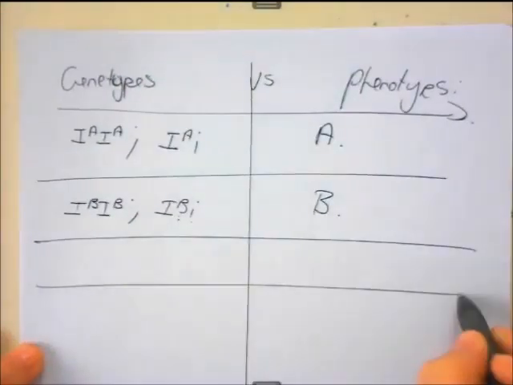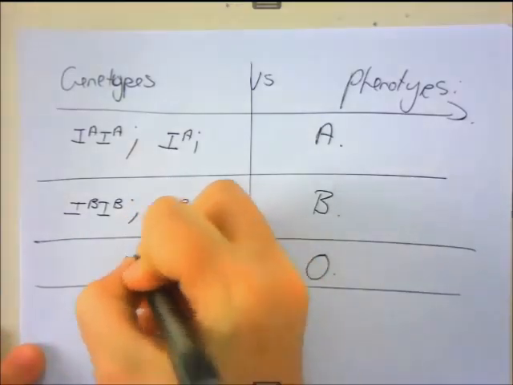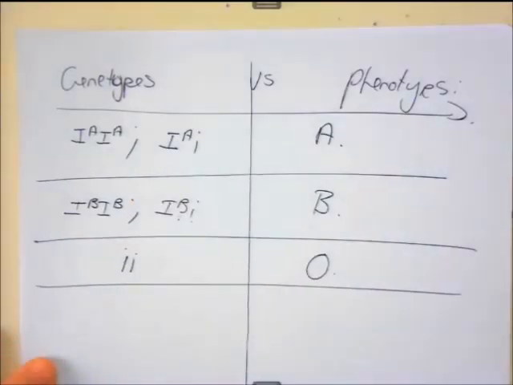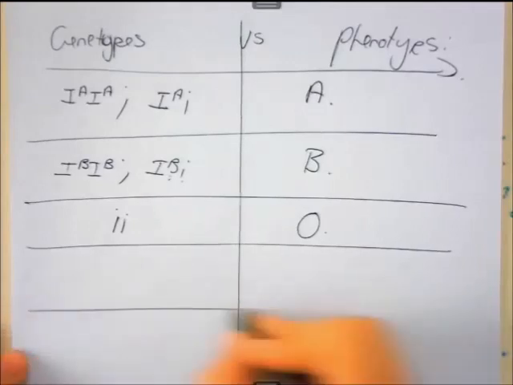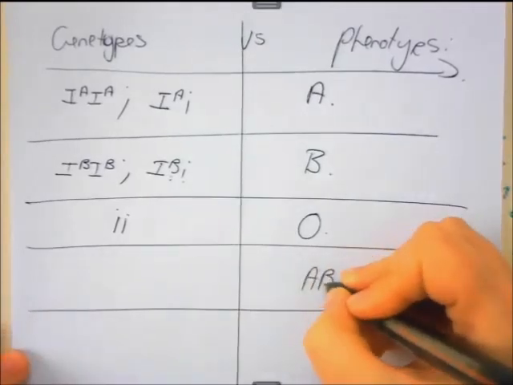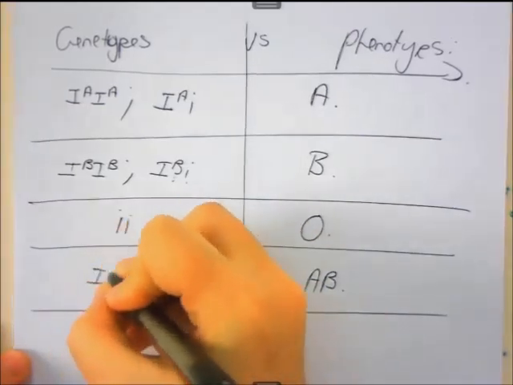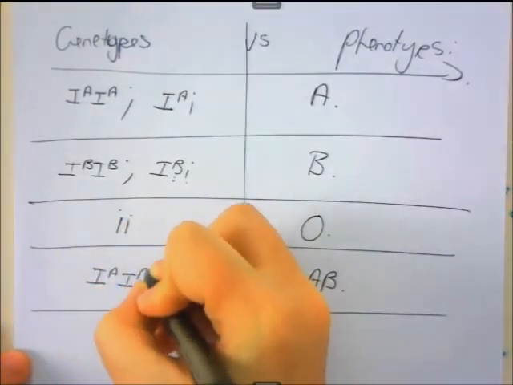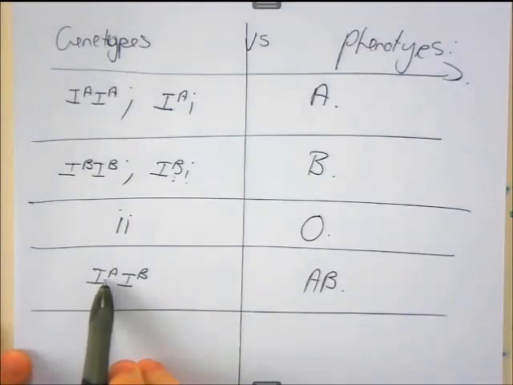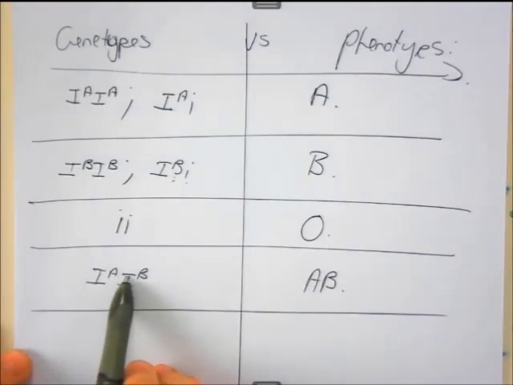We've already mentioned that the only way to get blood group O is to have two recessive genes together, and we also know that with blood group AB, there's only one way to get this blood type, and that is to have one of each of the dominant genes lying together in an example of codominance.